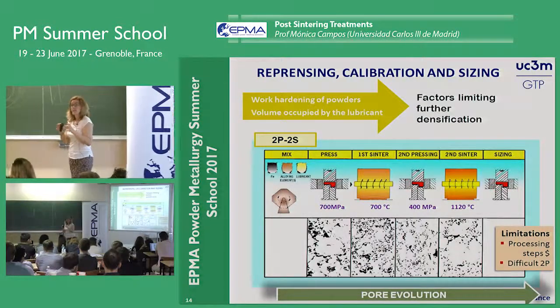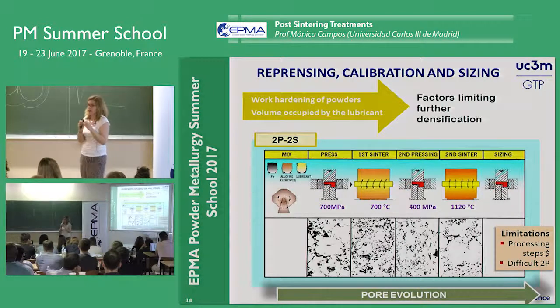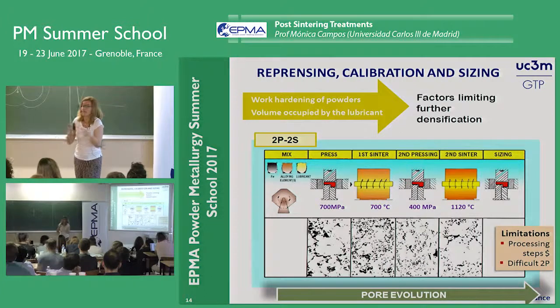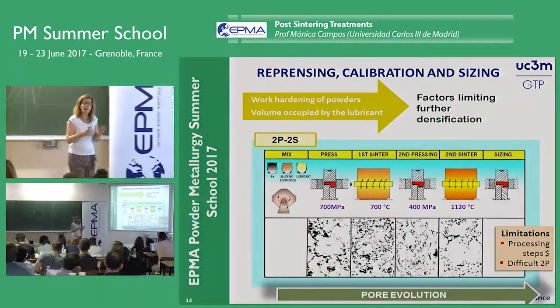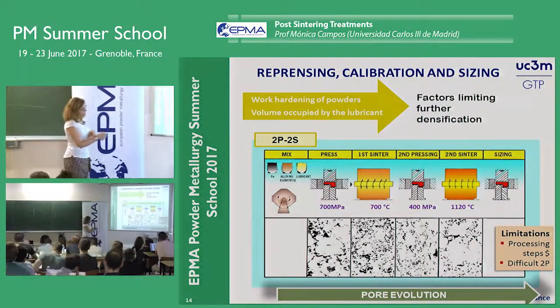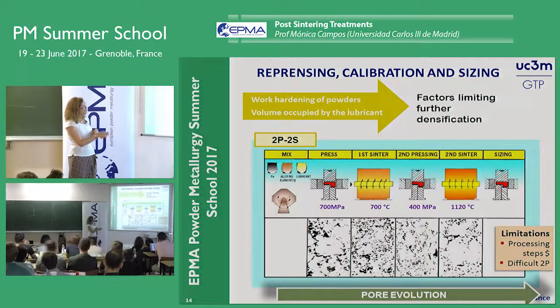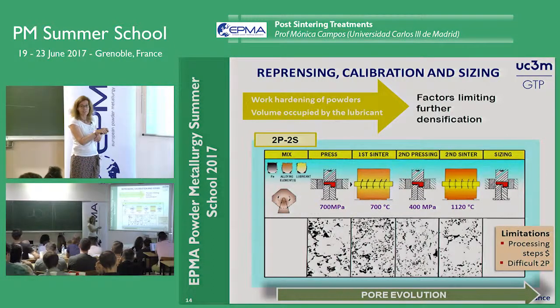Then it's better to just presinter our component, then press it again, because we can somehow reduce the cold hardening work that we have done in this step, and then our material is softer.